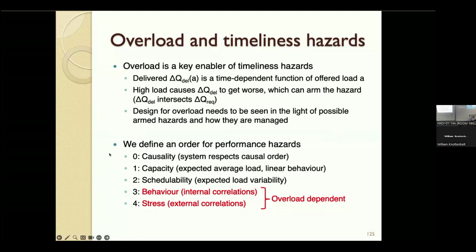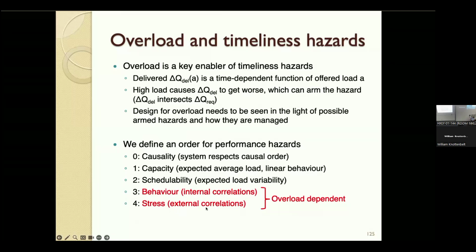And there's actually an order that has been defined for these hazards. I'm not going to go too much into these orders, except that the first three are things that happen during normal system operation. But once you get to behavior and internal correlations, this is when the system starts shooting itself in the foot in some way, and one part of the system starts interfering with another part, or one part of the system fails, causing another part of the system to fail, etc. So that's called an internal correlation.